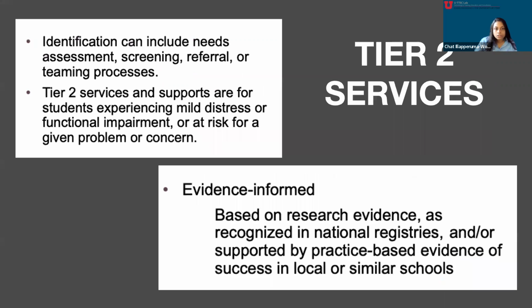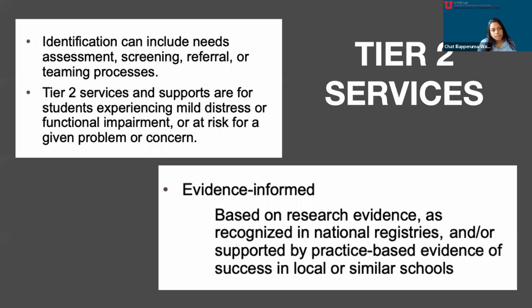Okay, so we can start with talking about tier 2 and tier 3 services. In general, I think we all know tier 2 services. Students who are referred to tier 2 services are identified through several avenues.